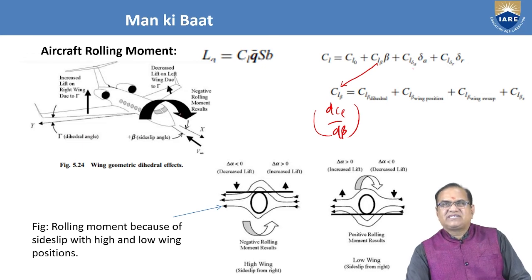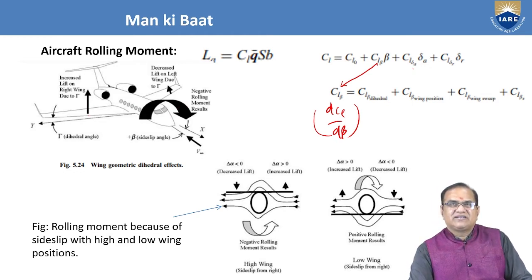And if you roll this aircraft in this direction, what will happen? This will generate additional lift on the right wing, and on the other side the relative velocity will be less.